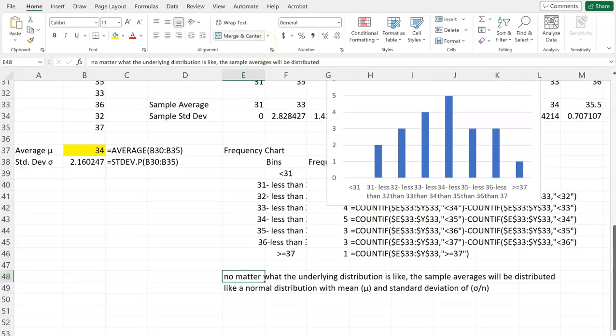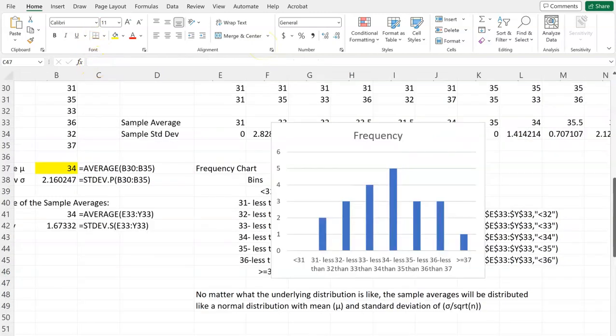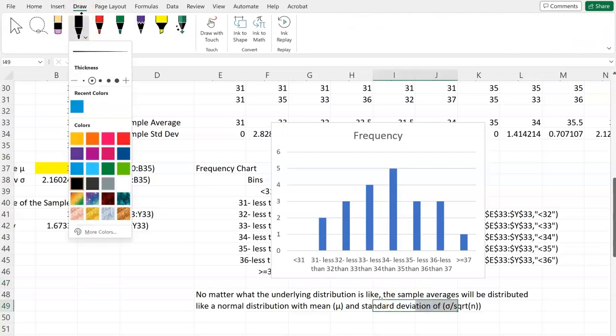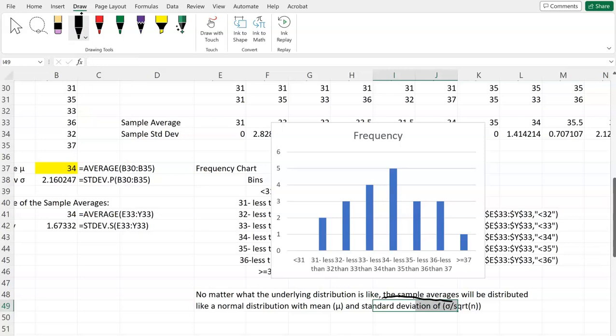So what this theorem is telling us is that no matter what the underlying distribution is, it could be a normal distribution, it could be a Poisson distribution, it could be any kind of distribution, the sample averages that we collect will be distributed with a shape like a normal distribution.